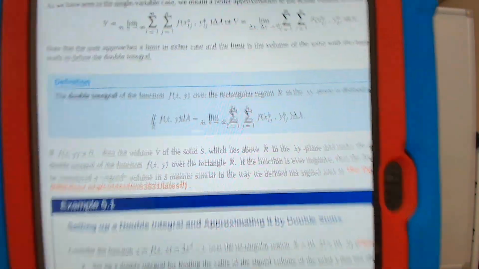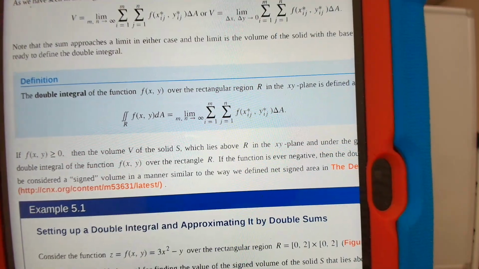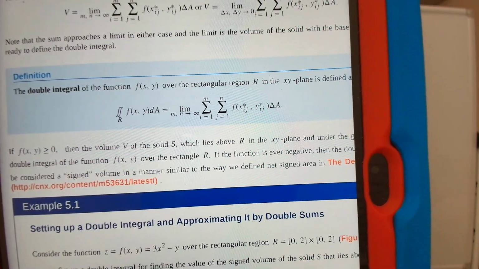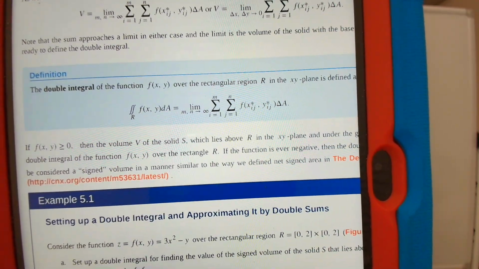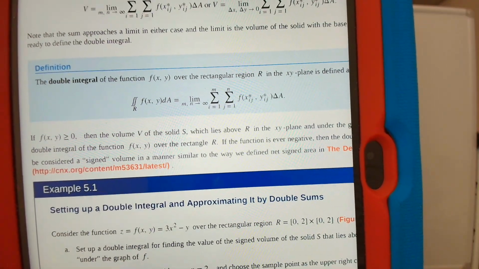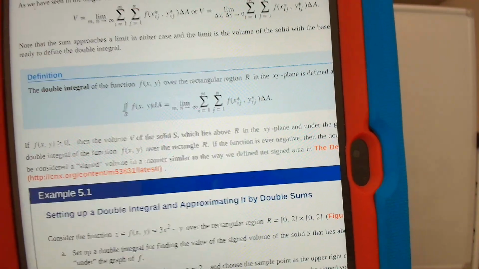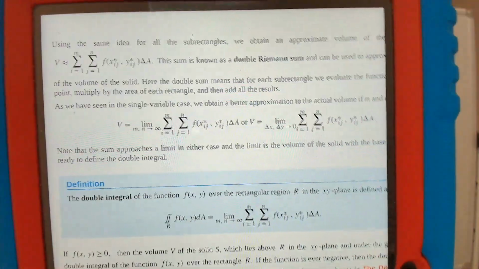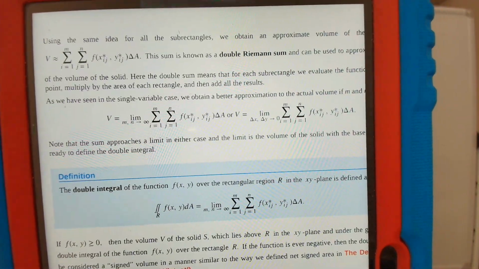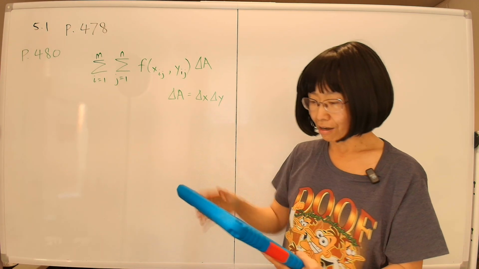It is equal to the limit where m and n both go to infinity of the double summation. That is, you add one row of sticks, the volume of those sticks, then you add the next row and the next row and so on until you get it all added up. And then delta A is delta X, delta Y. Okay, that's the definition of it.